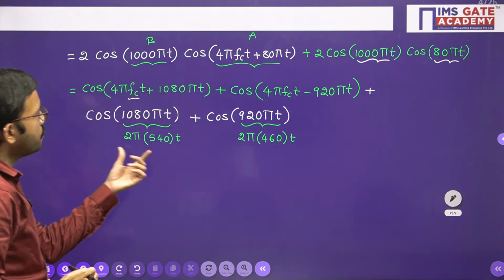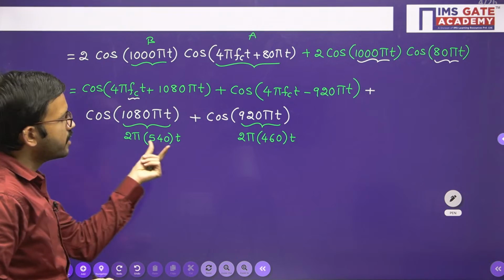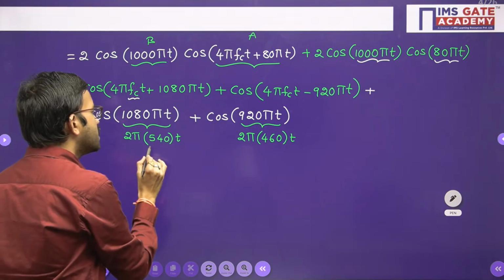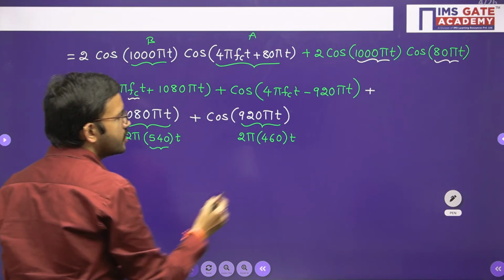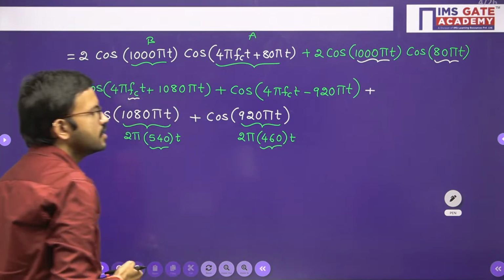Now you can observe you are getting the cos 2 pi ft format. So that means here 540 Hz is the frequency, and here 460 is the frequency.